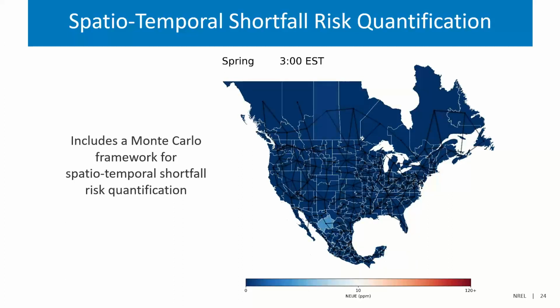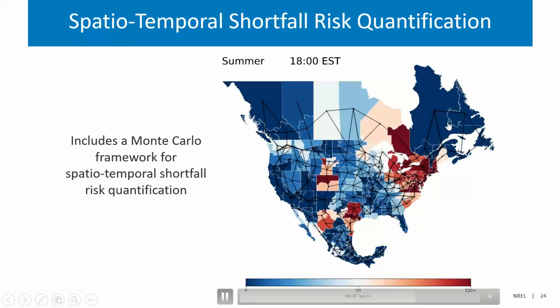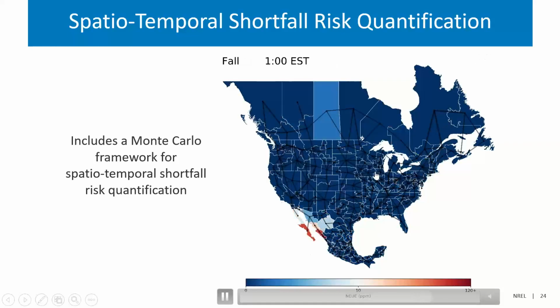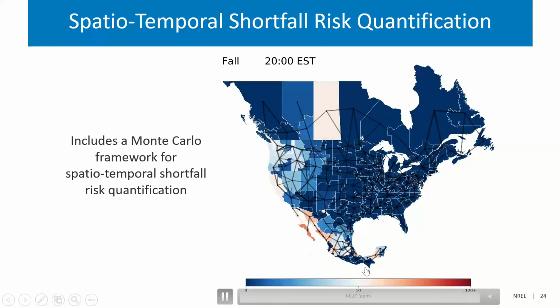No worries. All right. As I was talking about the simulation right here, so here you could see the spatiotemporal shortfall for North America. As you can see, the summers are usually where you see a high shortfall risk. The fall is not as much.